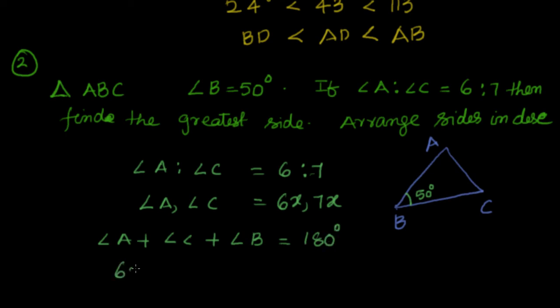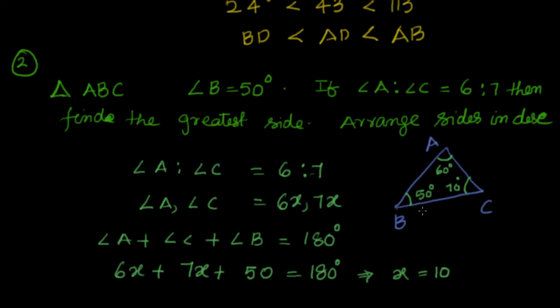Angle A is 6x, angle C is 7x, plus angle B equal to 50, that is nothing but 180. If you simplify that, 13x equal to 130 gives me x equal to 10. So angle A is equal to 6x, 6 into 10 is 60, and this angle is equal to 70. So we are able to identify all the angles of the triangle, whatever is needed.